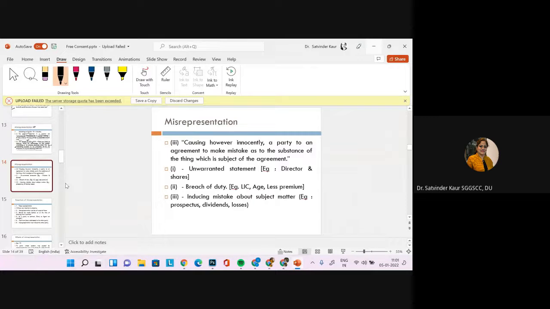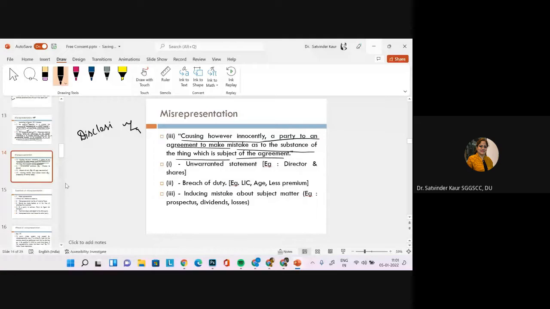So misrepresentation can be in the form of encouraging some person to enter into a contract, to receive any kind of advantage, etc. Another situation is causing, however innocently, a party to an agreement to make a mistake as to the substance of the thing which is the subject matter of the agreement. So it means you are not disclosing complete things, or you are silent in that particular situation.